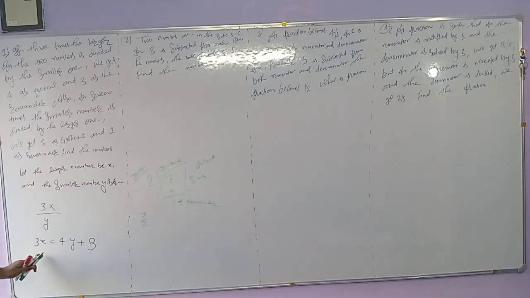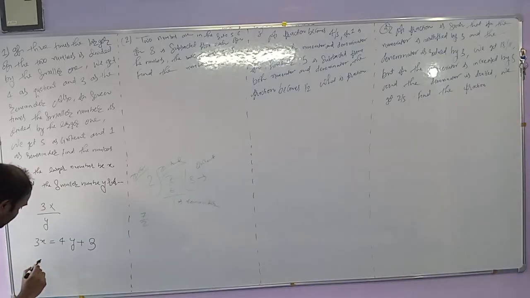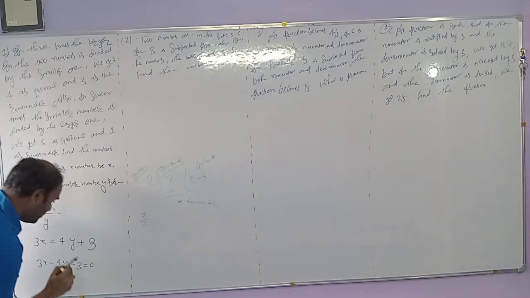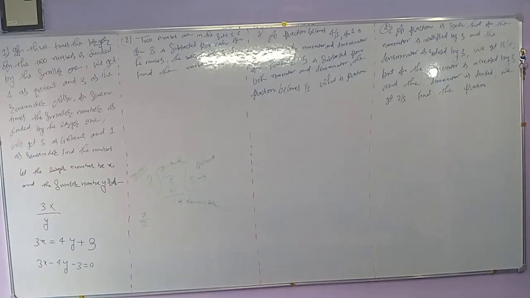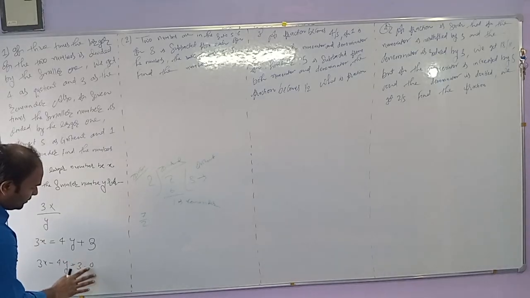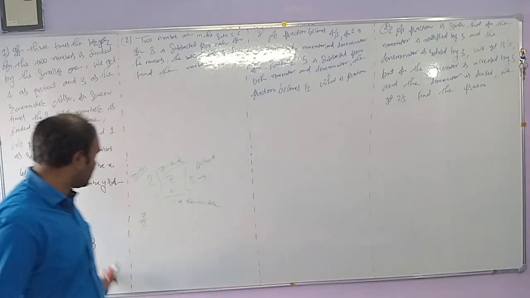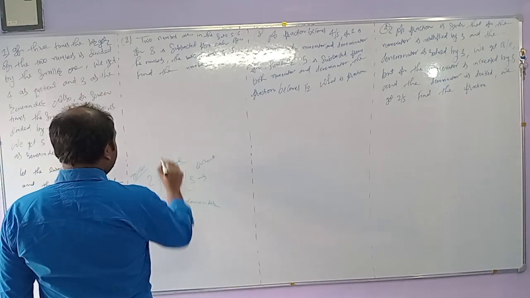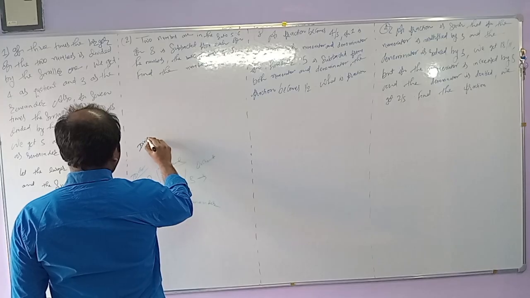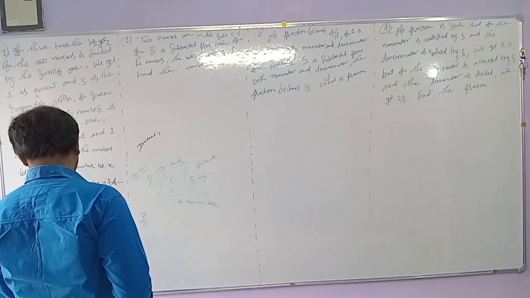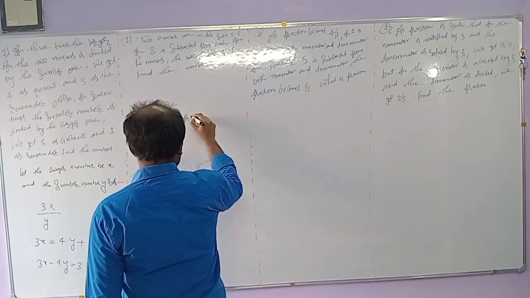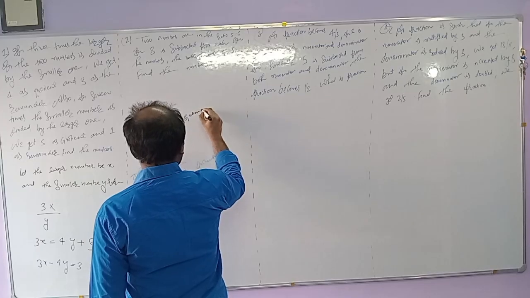We get an equation 3x minus 4y is equal to 3. That means dividend is equal to divisor into quotient plus remainder.